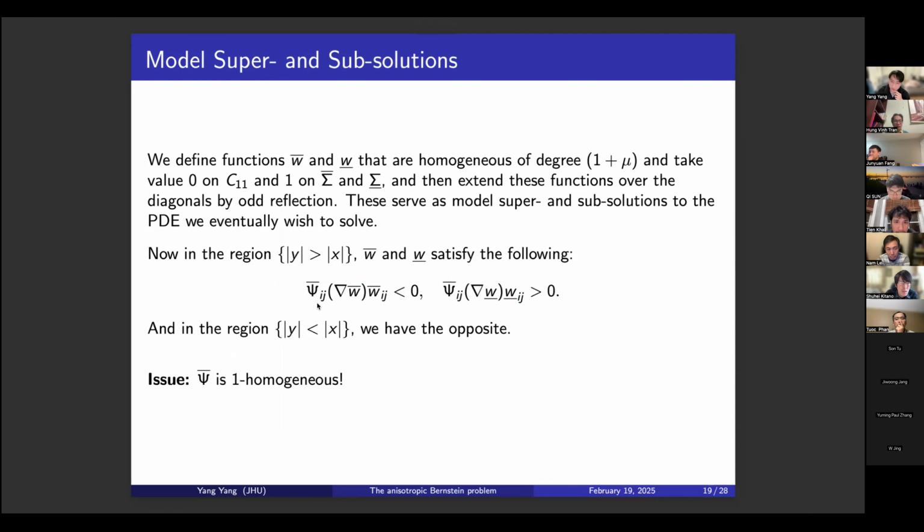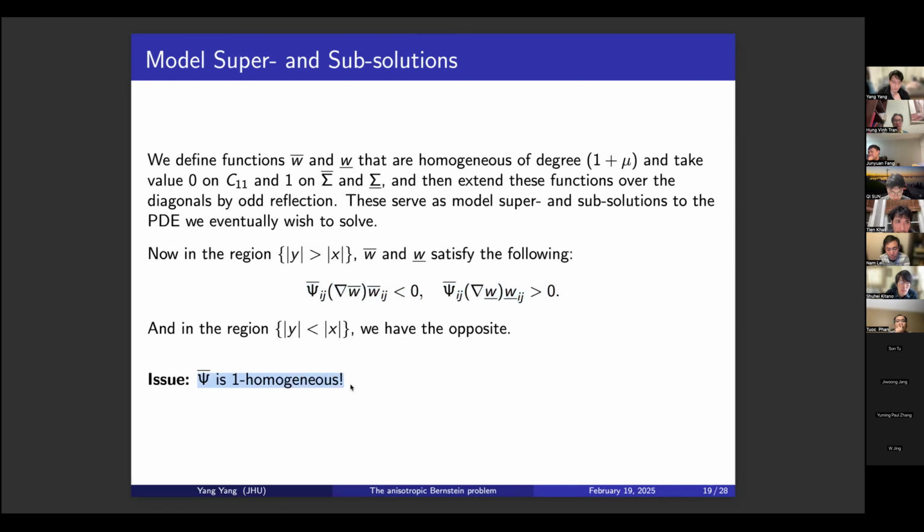But the issue is that this is not the equation we want to solve. If you remember, in the quasilinear elliptic equation we want to solve, this function should be asymptotically one homogeneous, because it is just the restriction of a one homogeneous function. But here, this F-bar is one homogeneous. So this is the problem; this is not the equation we want to solve.